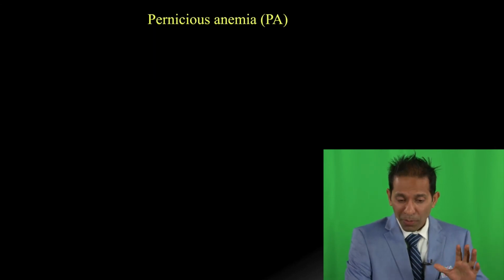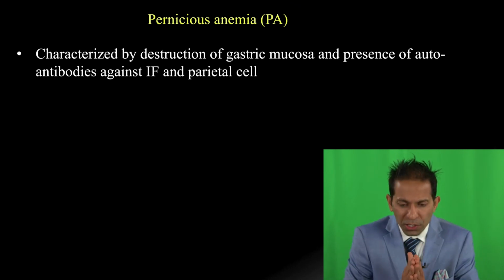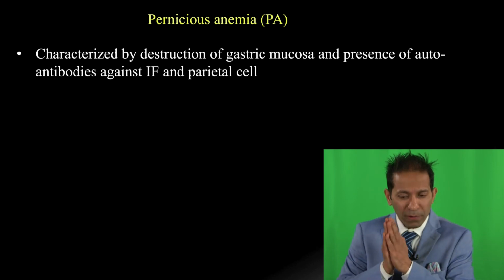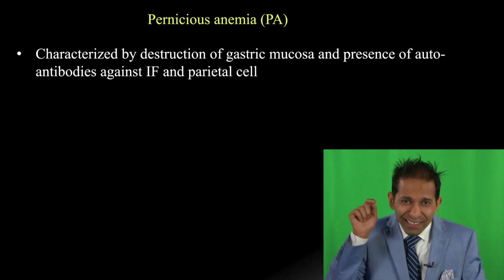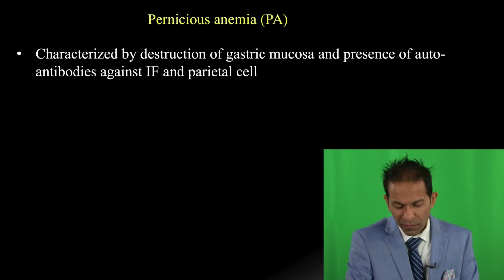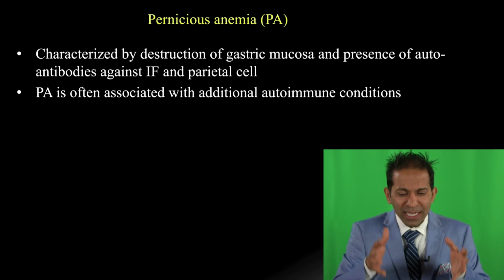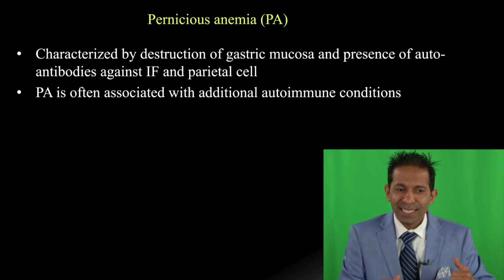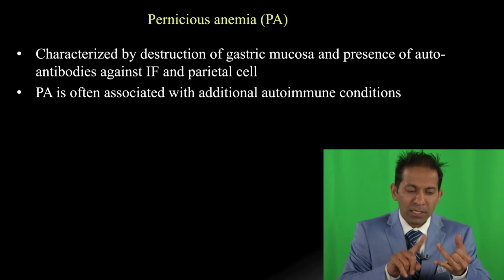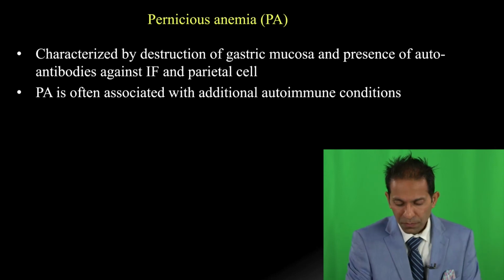So let's talk about pernicious anemia. It is characterized by destruction of gastric mucosa and parietal cells, and on top of that, these patients have antibodies against intrinsic factor. Most of the time pernicious anemia is seen with an additional autoimmune condition, typically seen in patients who have type 1 diabetes mellitus, hypothyroidism, celiac disease, or polyglandular syndrome.